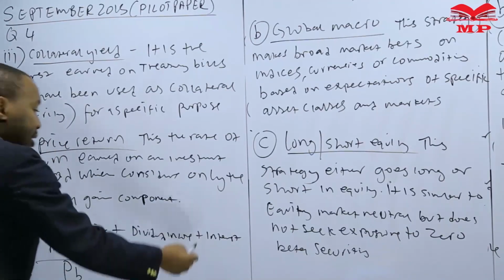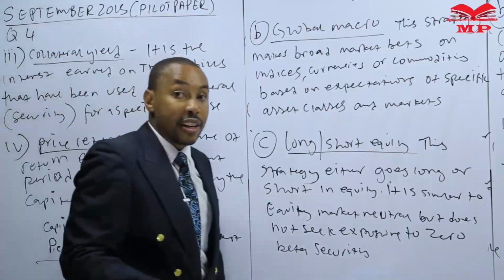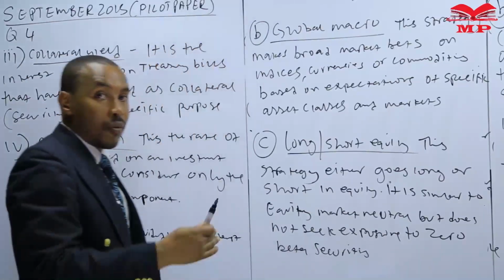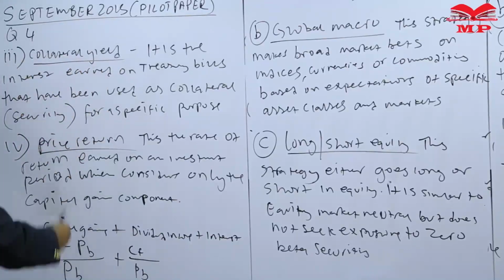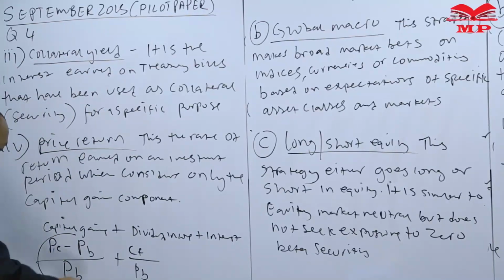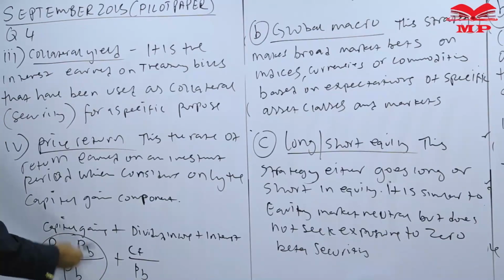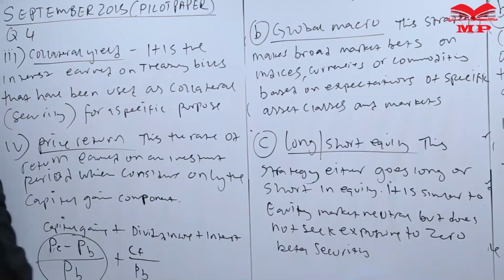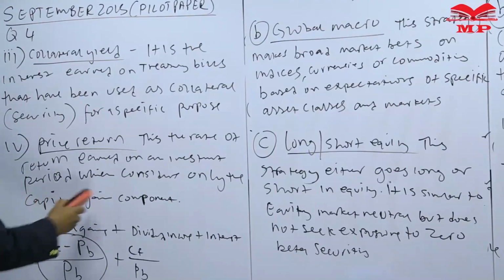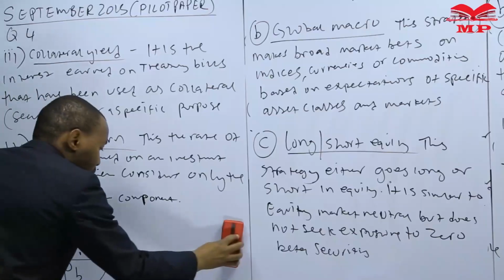The interest is the yield to maturity of the interest earned over a given period of time. So the price return only focuses on this capital gain component because we're dealing with prices. That's why it is only the capital gain component.